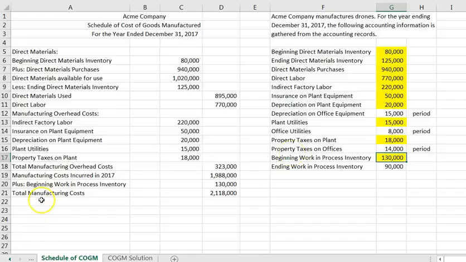In the last step, I subtract the ending work in process inventory of $90,000 to arrive at cost of goods manufactured of $2,028,000.